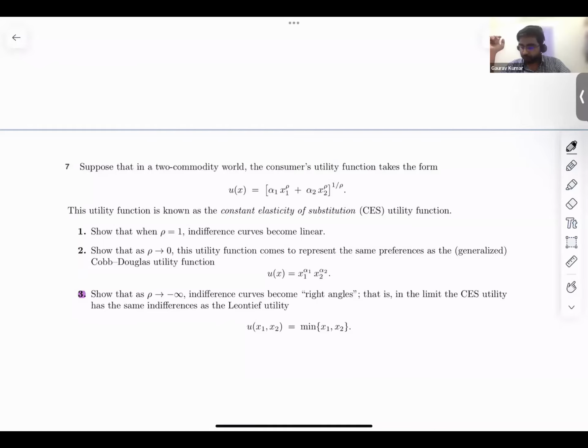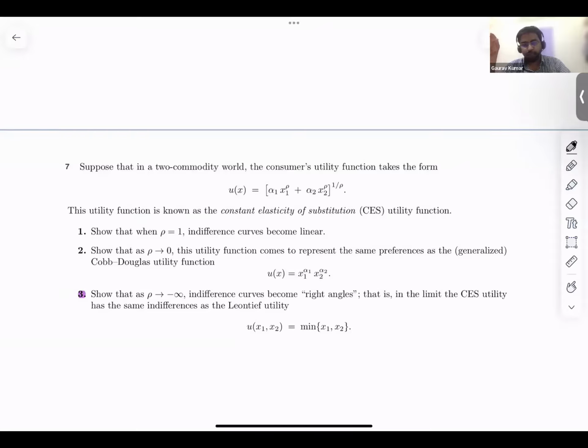For suppose question 7, I'll be solving part 3, which I feel is a bit tricky and does not come very naturally unless you have a lot of practice. So I will solve 3, but 2 has a similar flavor, so you can think about 2. If you don't get how to solve even after several trials, then you can tell me in some other class and I'll tell you the solution.